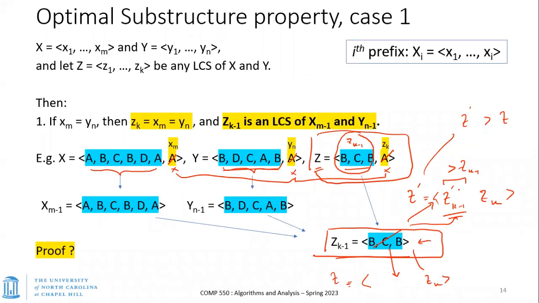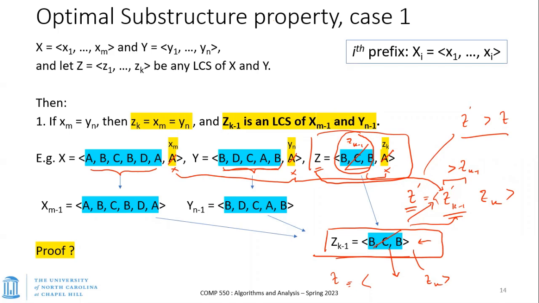And we come up with zk minus 1 prime, which is longer. And so we cut this out, replace that in, and we call that z prime, just like we did in the MST problems and other problems. And so if this is longer than the original zk minus 1, then z prime will eventually come out to be longer than z. That again is a contradiction.